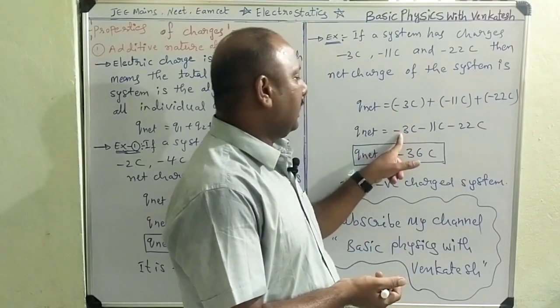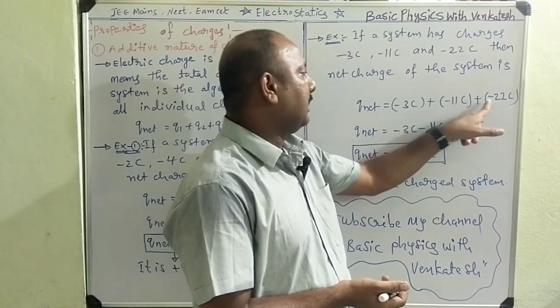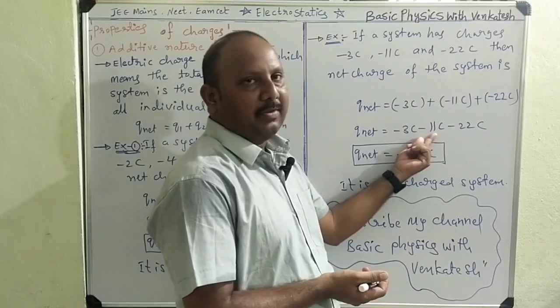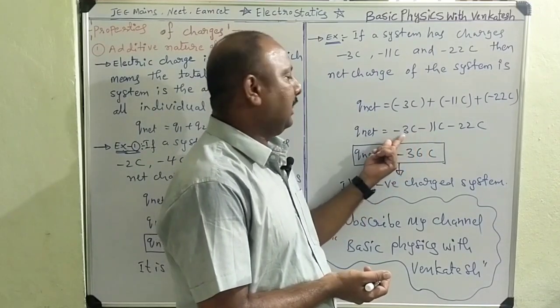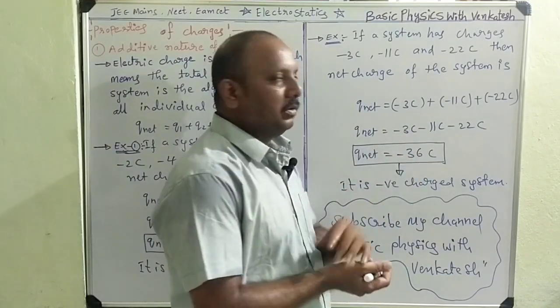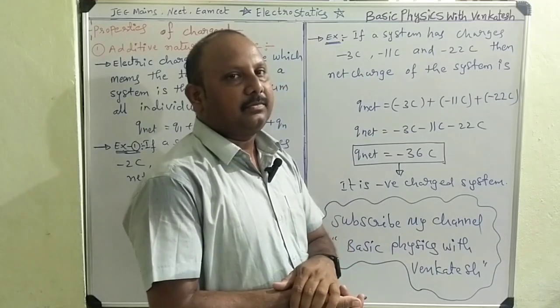So minus into plus gives a minus, and here minus into plus gives a minus. Minus 22 minus 11, so it is minus 33. Minus 33 minus 3 is minus 36 coulombs. So it is a negative charge. Then the system is a negative charged system.